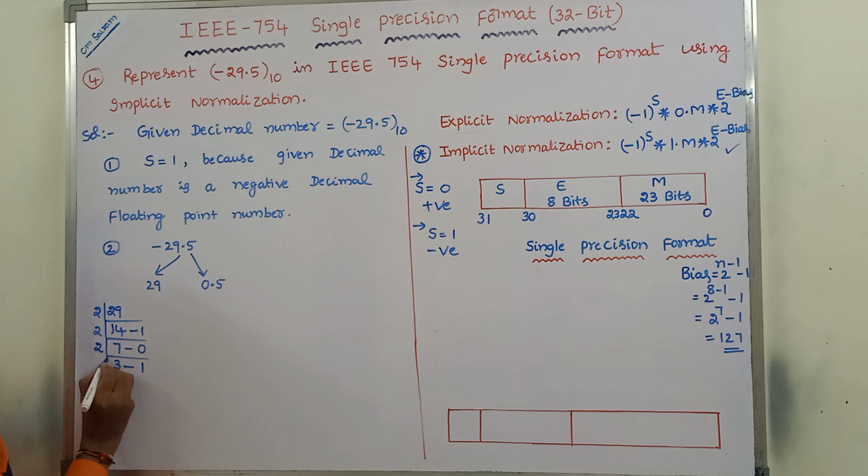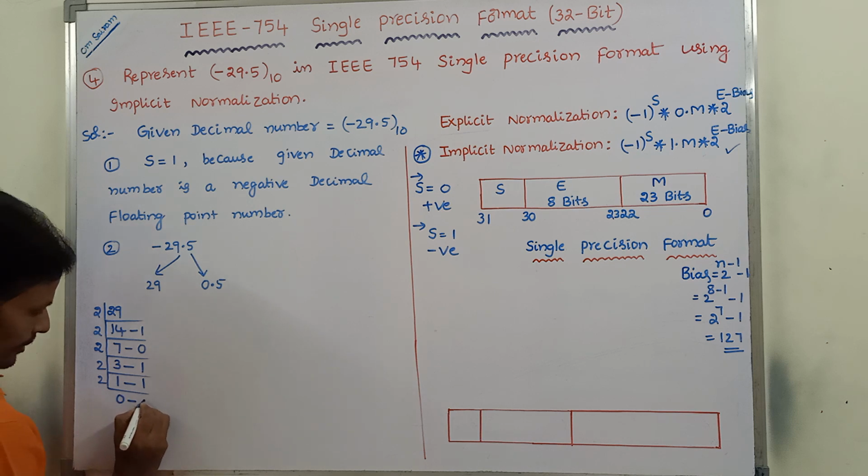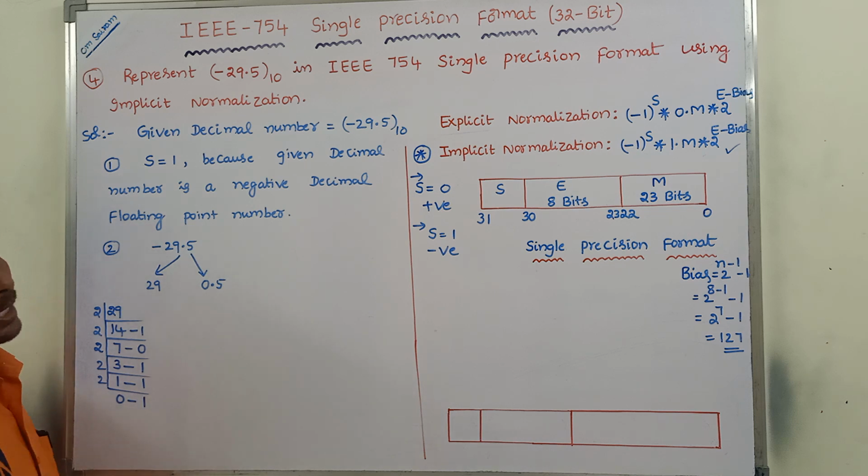The quotient is not 0, so we divide 3 by 2: 2 1s are 2, remainder 1. Then 1 divided by 2: 2 zeros are 0, remainder 1. Now the quotient value is 0, so we stop dividing the given number by 2.